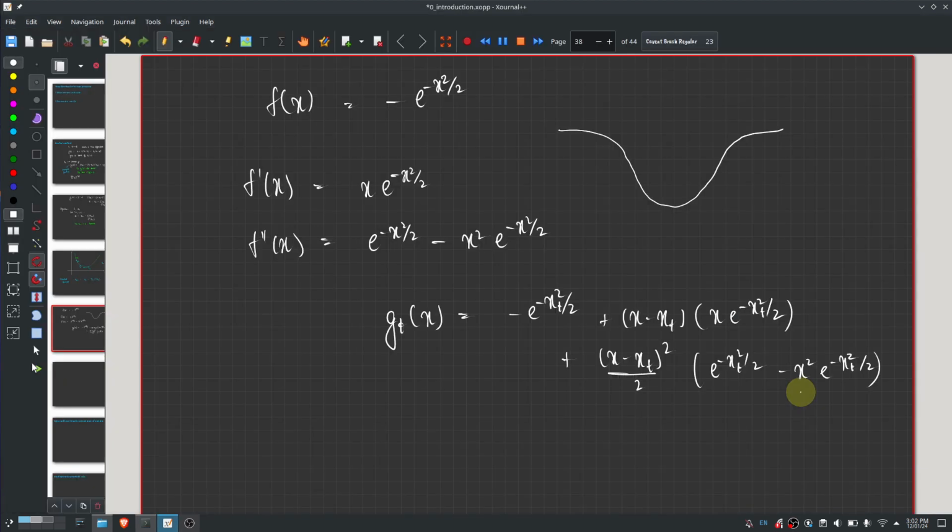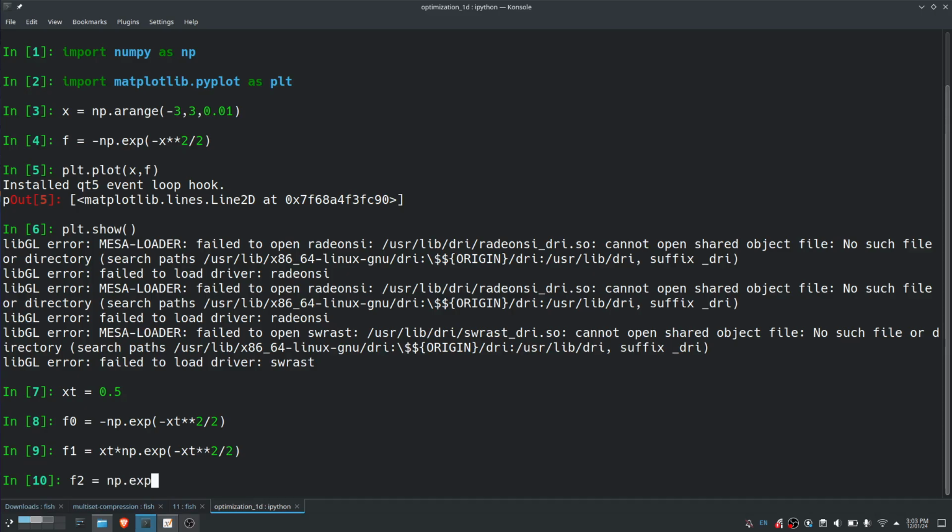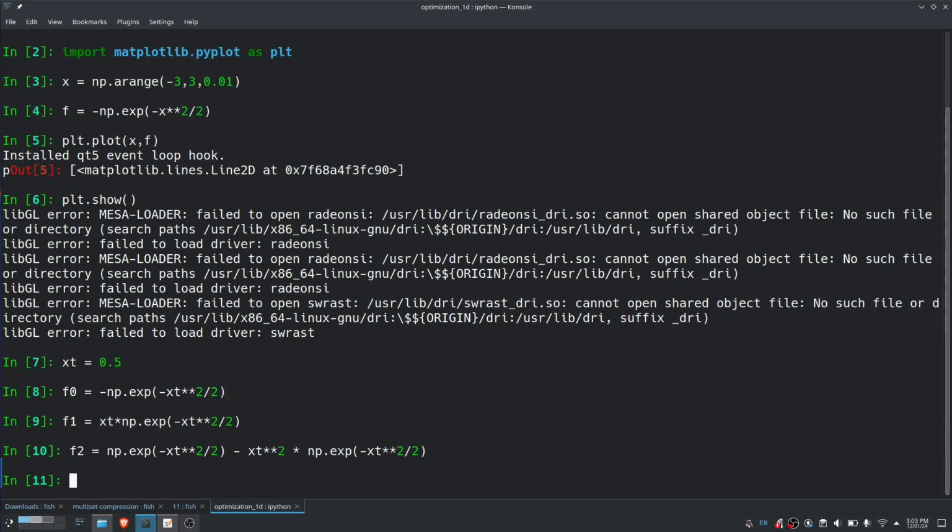Second derivative, this is e to the minus x_t square by 2 minus x_t square times e to the minus x_t square by 2. Right, so this is what we have.